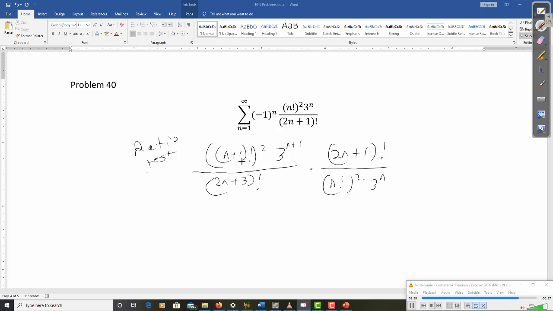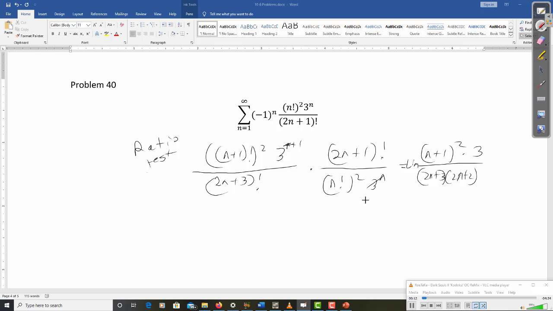This will just be n plus 1 squared, because the n factorial part squared will cancel out. So that's nice. n plus 1 squared over, on the bottom, you'll have 2n plus 3, and then 2n plus 2. Because the next one will then be 2n plus 1 and all the way down, so 2n plus 1 factorial will cancel out. And then we just got the 3's to go, so that's easier than the factorials. That's just going to leave us a 3 on the top.